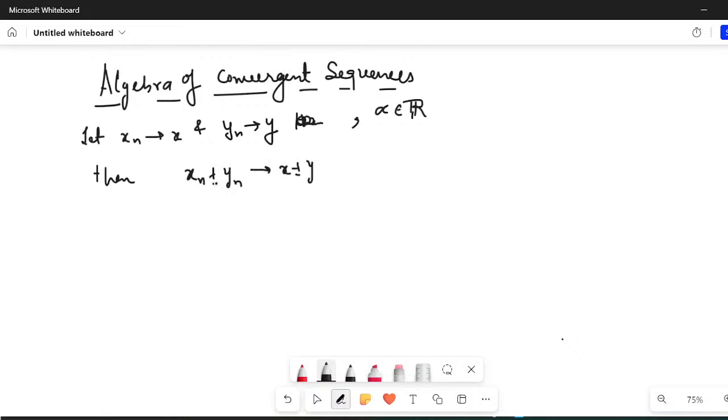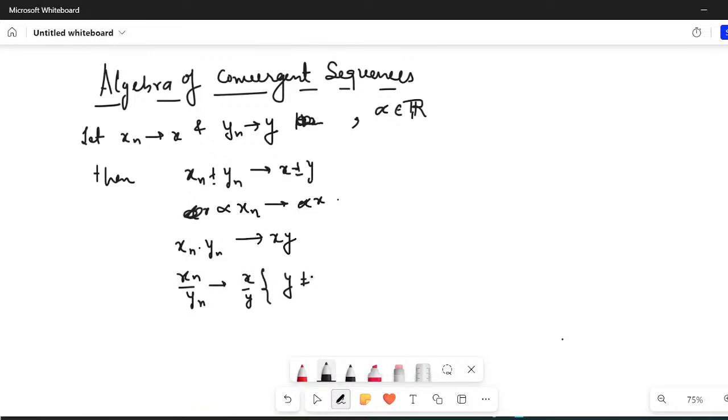In fact, if you take a negative also, it will also work. So xn plus or minus yn would converge to x plus or minus y. Alpha times xn would converge towards alpha times x. xn times yn would converge towards xy, and xn by yn would converge towards x by y, provided y is non-zero.